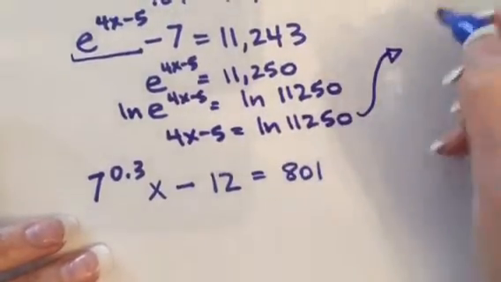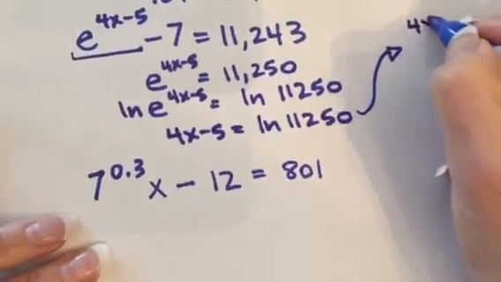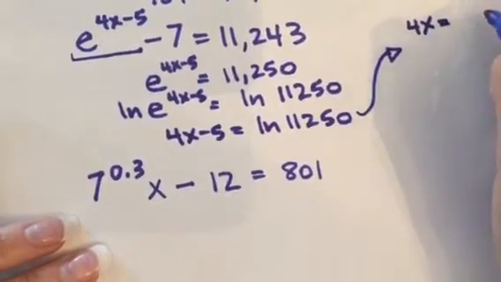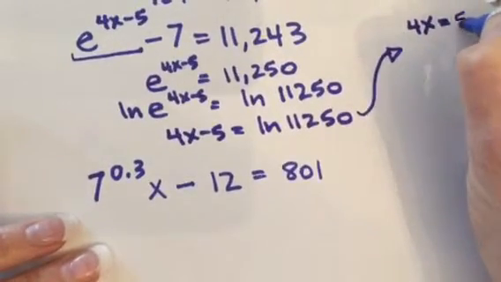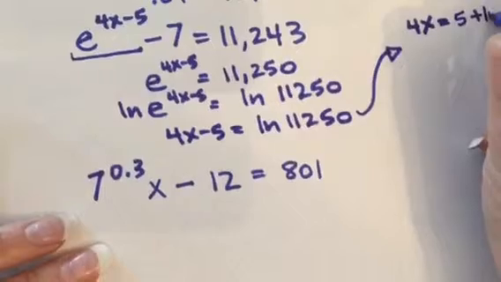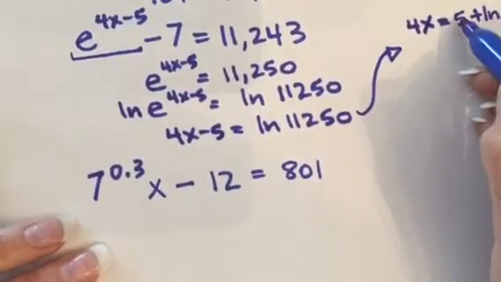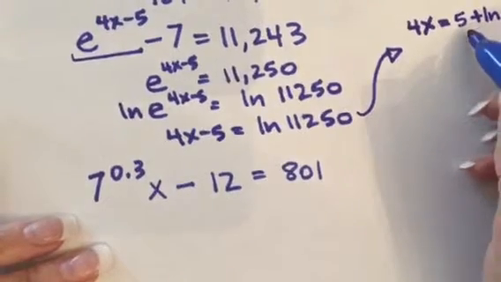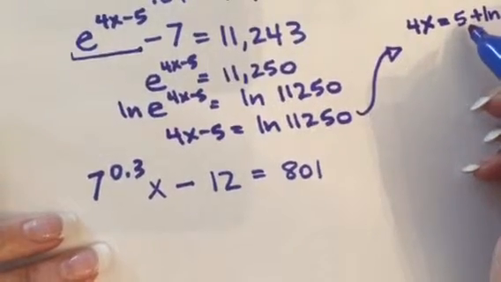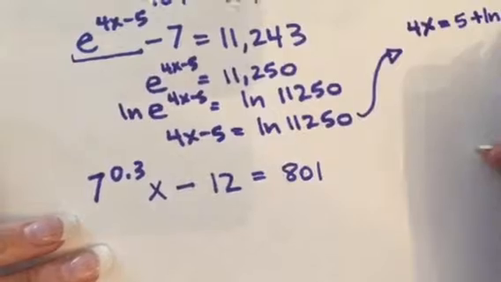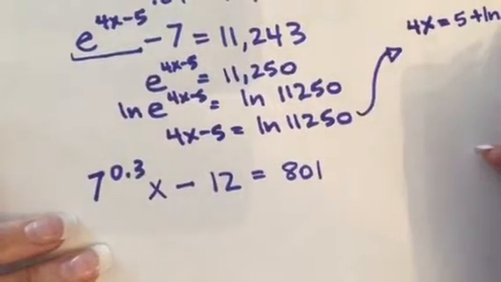So we're going to add a 5 to both sides, and then we would have 4x is equal to, and I'm going to add it out front, 5 plus ln of 11,250. Now it doesn't matter if I put the 5 in the front or the back, but by putting it in the front, I avoid wanting to add it to this 11,250.